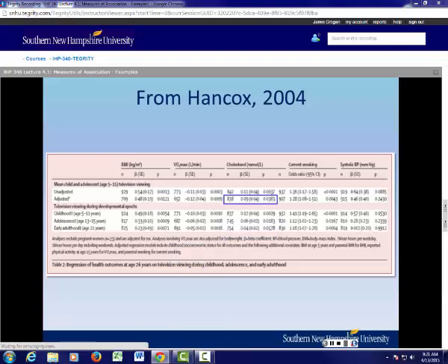This is another regression for cholesterol, the same idea: N, a beta, and a p-value. Now the data for current smoking are a little bit different. These are odds ratios with a 95% confidence interval. Because current smoking is a yes-no variable, it's categorical: either yes, they're a current smoker, or no, they're not.